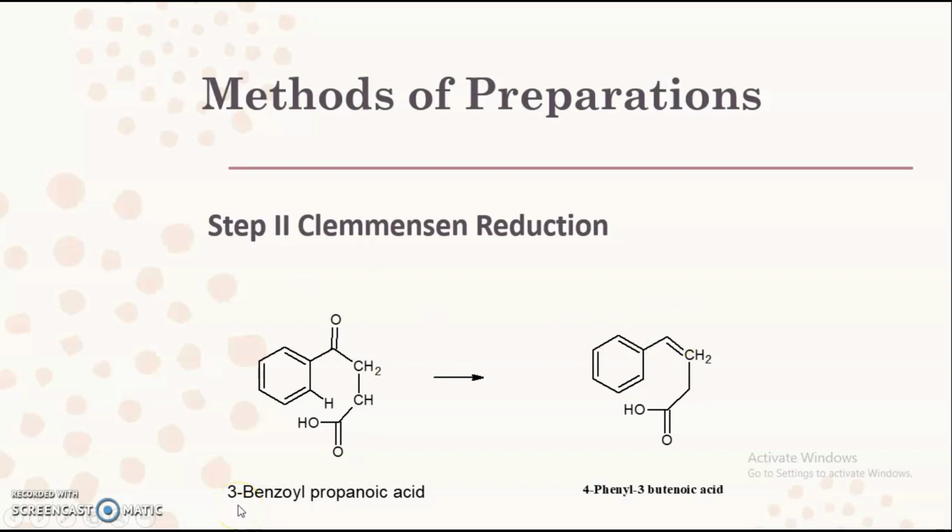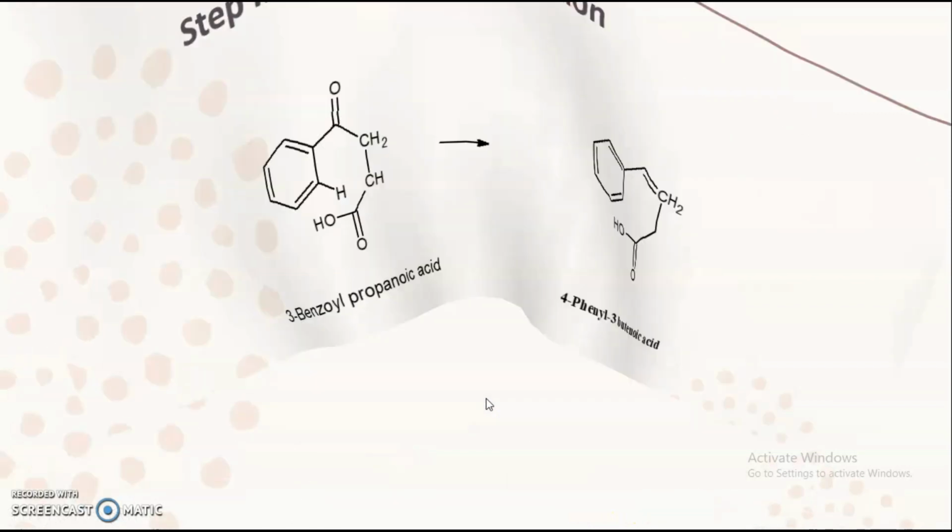So in this case, 3-benzoyl propionic acid is converted into 4-phenyl butanoic acid. It means from 3 carbon atoms we have converted the acid into 4 carbon atoms, and this benzoyl group is converted into phenyl. As oxygen is not present here, this is considered a phenyl. So that's why the chemical name of this compound is 4-phenyl butanoic acid.